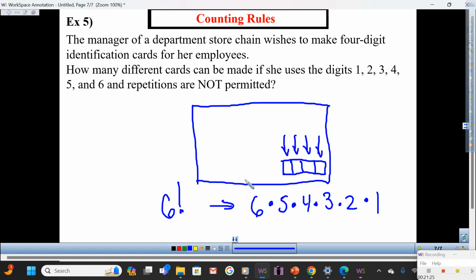However, how many slots does the ID badge have? 4. So that means the first slot should have up to how many? 6 numbers. How about the second slot? And that's it, is that correct? Therefore, the total number of IDs is 360.